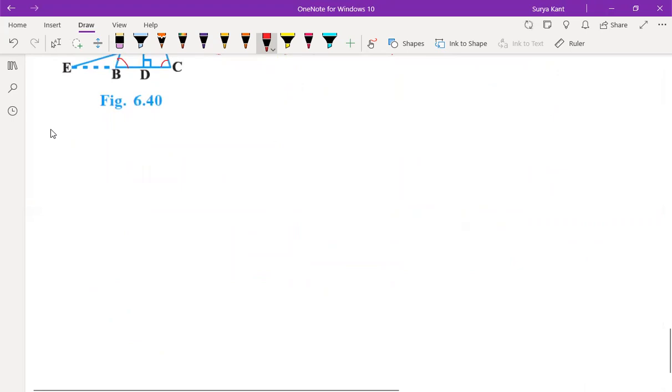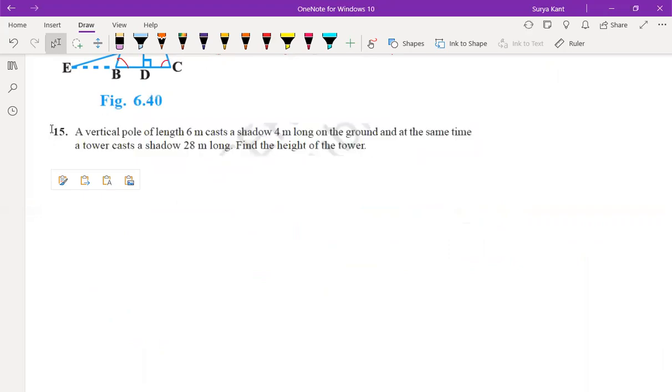Question B. A vertical pole of length 6 meter casts a shadow 4 meter long on the ground, and at the same time the tower casts a shadow 28 meter long.